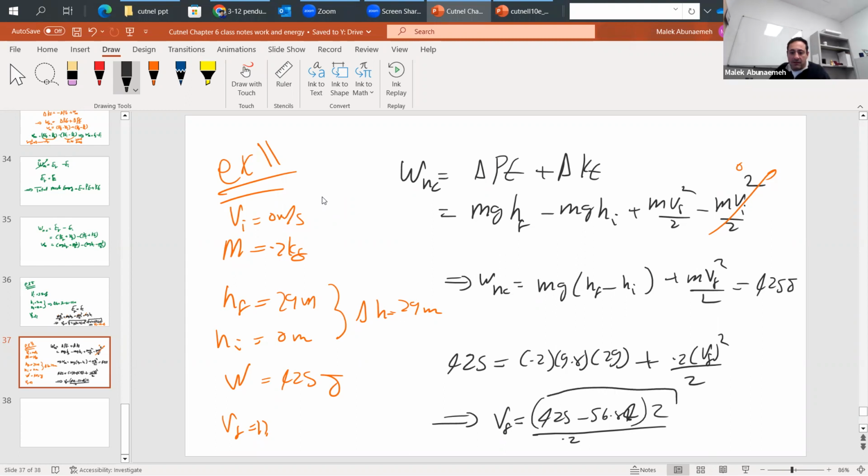And this is going to be squared, so don't forget the square root. And I got the square root of 3681, which is going to equal 60.6, I'll say 61 meters per second. I'm just going to approximate.